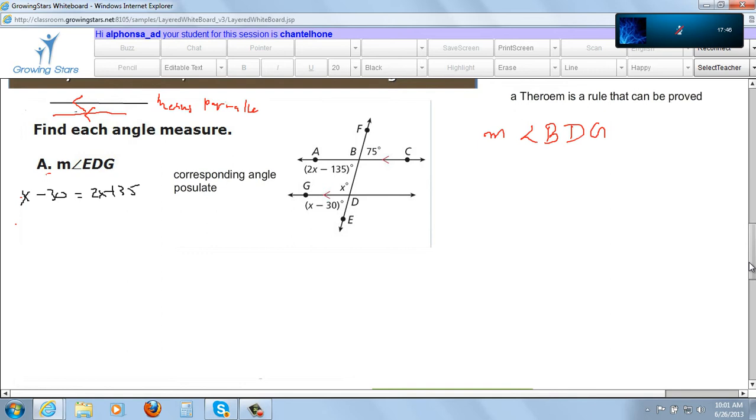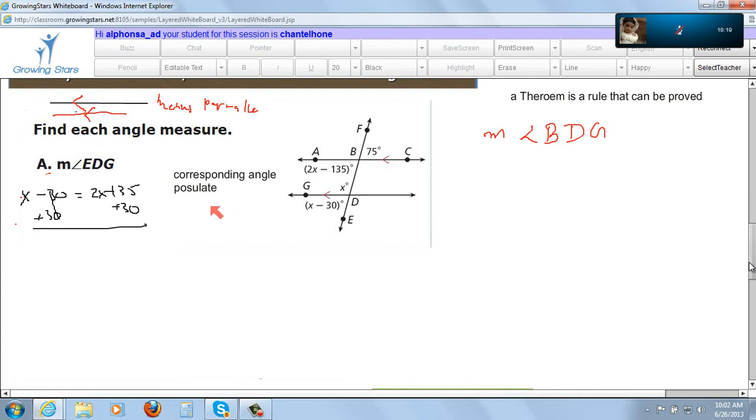Okay, now next one. What is the next step you are going to do? Solve it. Move everything to the other side. Plus 30. So just write down here addition property. This is the way we have to answer when you are asked to find the value of x or isolate the value of any variable.